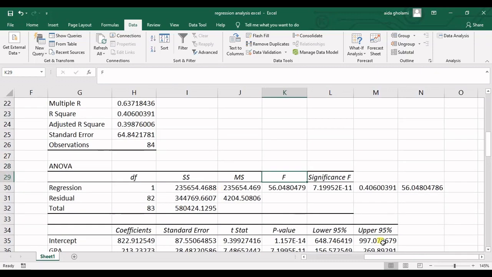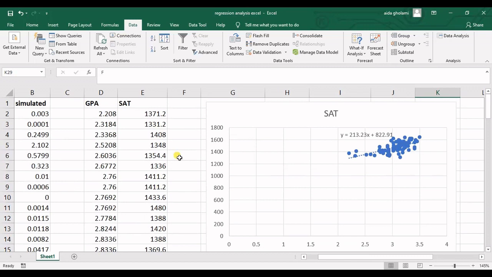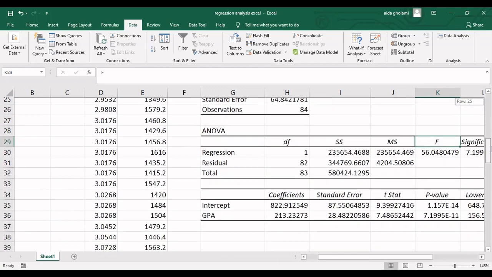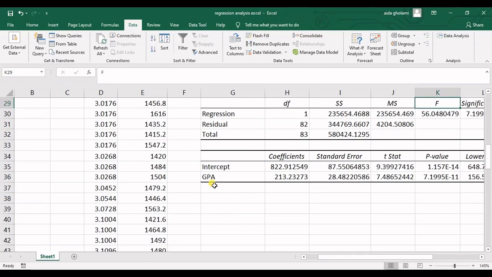And if we want to get back to our data to see what these numbers actually mean for our set of data, is that here, for any number that each person gets in GPA scores. So if you get GPA at 1, you have to multiply 213 by 1, and you have to sum it up with 822 to get the SAT.